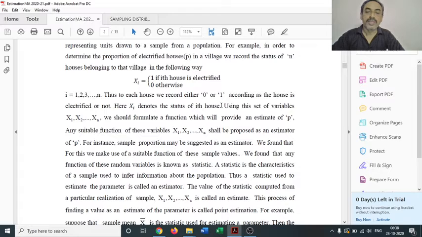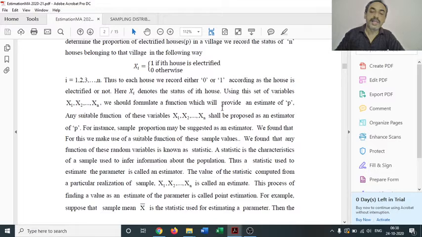Based upon this x1, x2, etc., xn, we will propose a statistic, and that statistic is used as an estimator. And the value of that statistic or the estimator computed from the particular values of the sample is an estimate. So the question is, which statistic has to be proposed for estimating the population parameter?